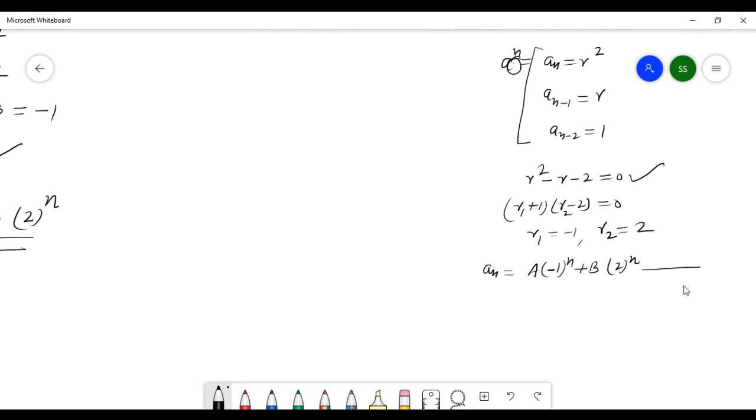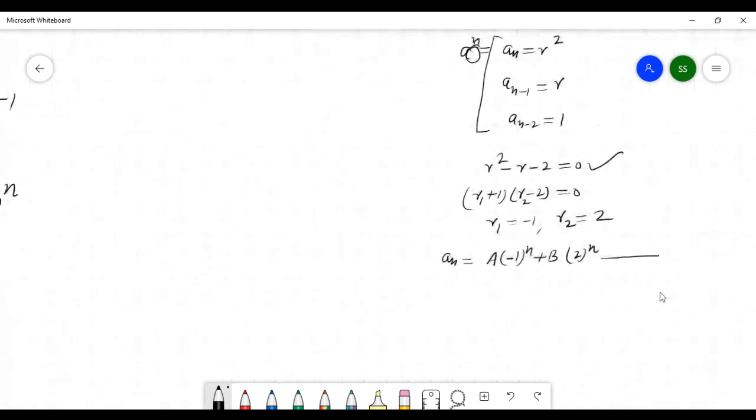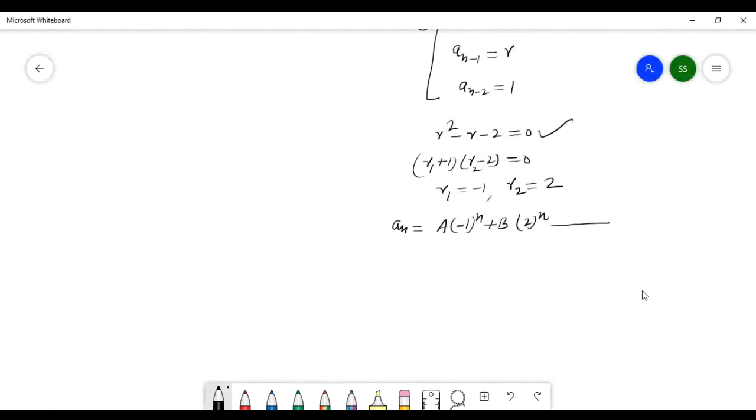That is the general solution. But then in the general solution, use the conditions a0 and a1 are given. Use them in the general solution, then you will get equation 4 and equation 5.